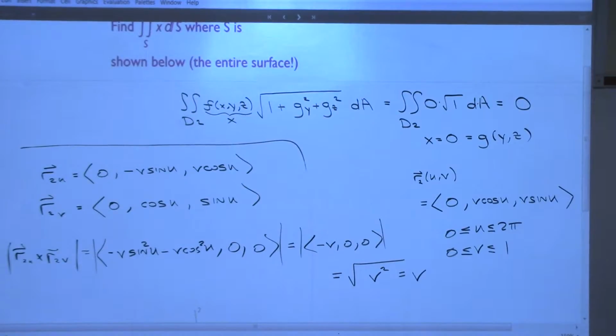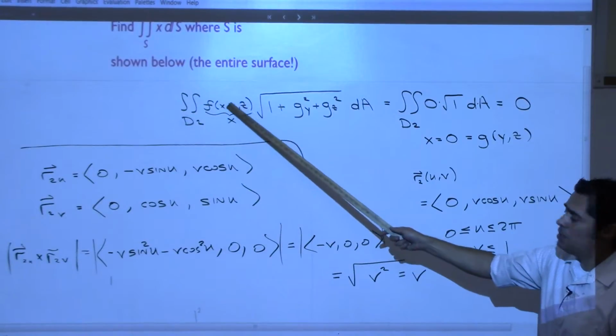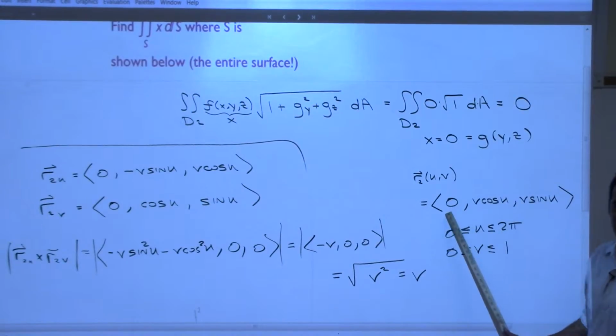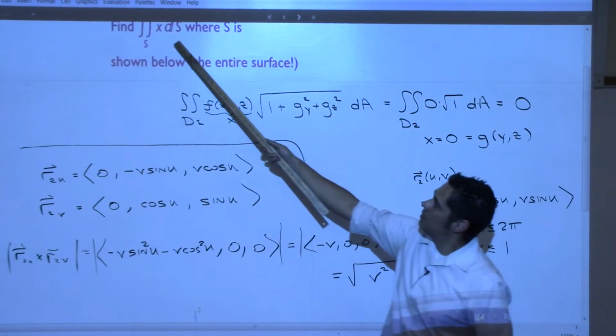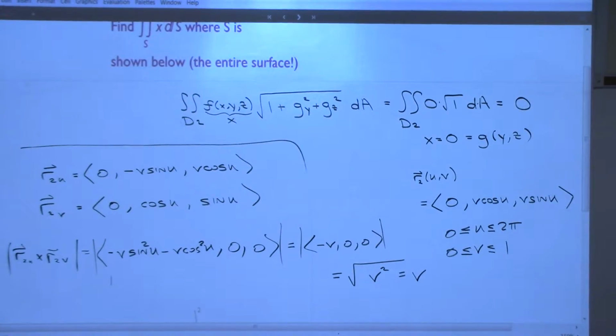And what else do I need? I need to evaluate my scalar function on the vector curve. It's 0, right? Because it's x. So I come in here and I plug in 0 and I'm done.